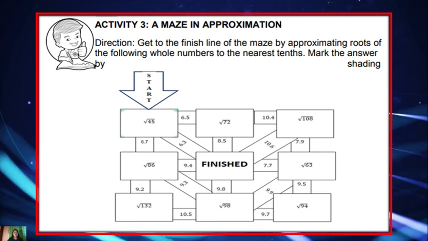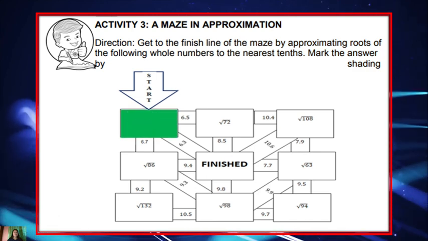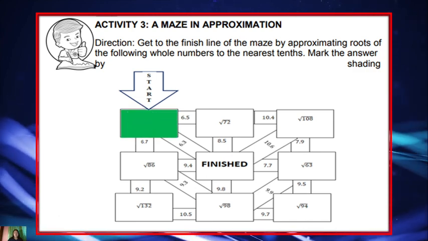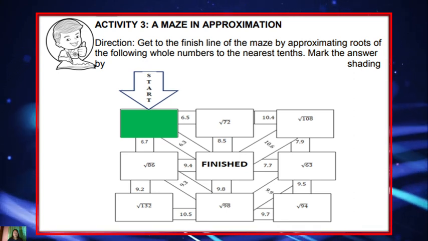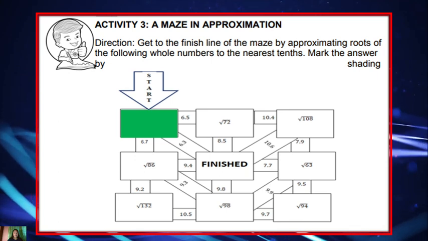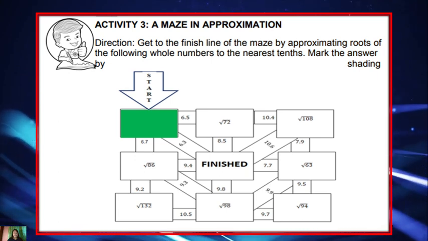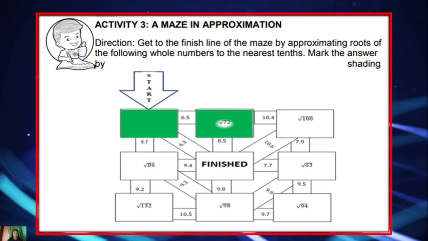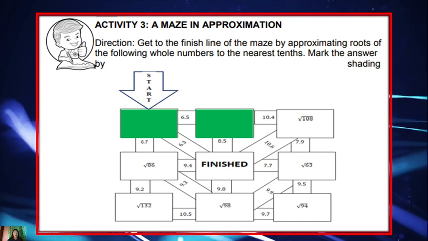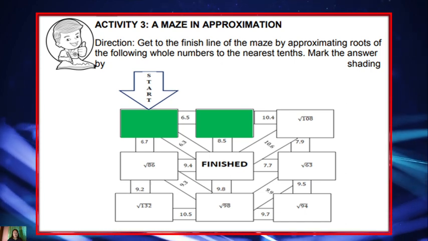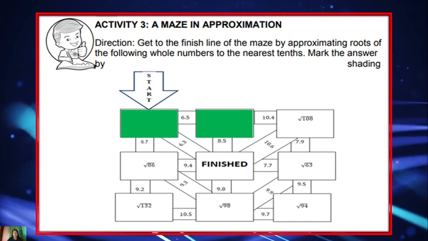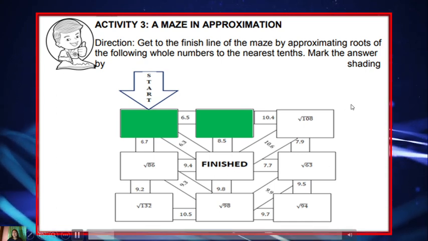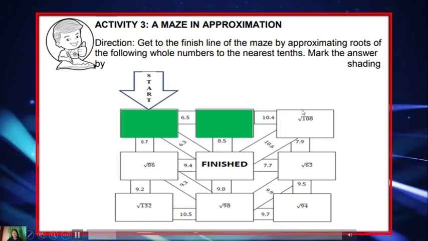Parang kagaya nito. Ayan. Mag-start ka sa square root of 45, so you shade square root of 45. Pwede mong gamitan ng coloring material just like your crayon, your pencil, colored pencil. Okay? Halimbawa, ang sagot ay 6.5, so you are going to shade square root of 72. Halimbawa, kung ang naging sagot dito ay square root of 108, i-shade mo yung 108.